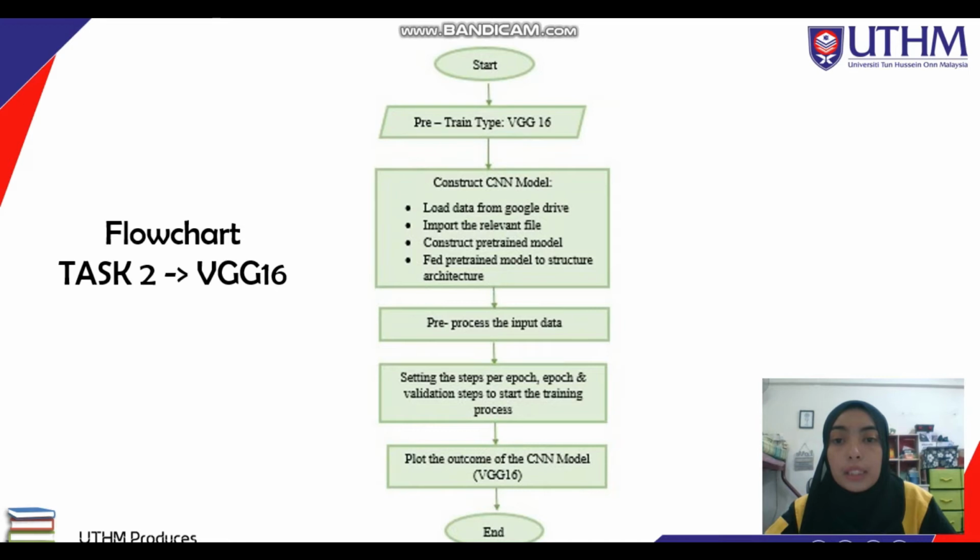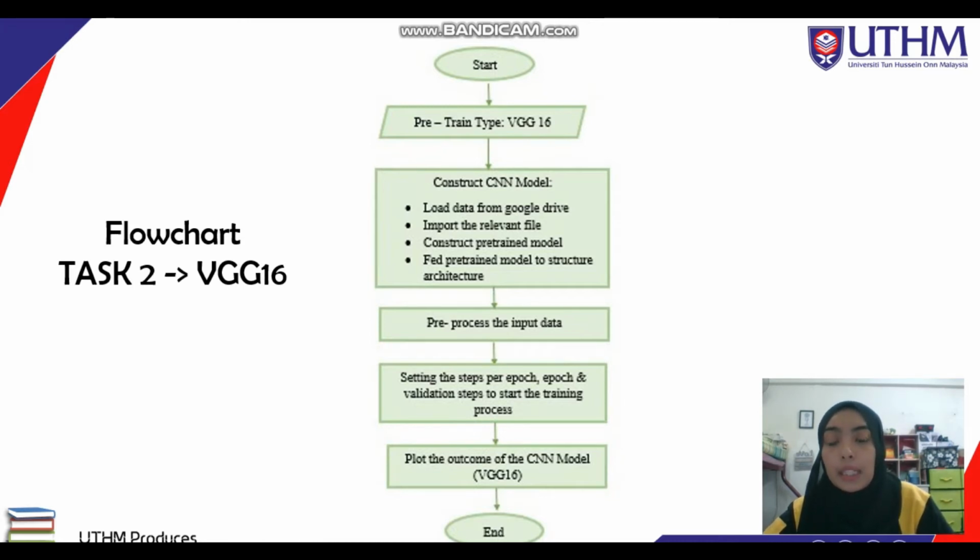First, we need to load the data from Google Drive and import the relevant files. After that, we need to construct the pre-trained model. Next, we need to fit the constructed pre-trained model to the architecture by using a specific command, and later I will show you.